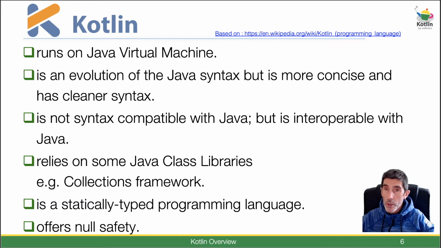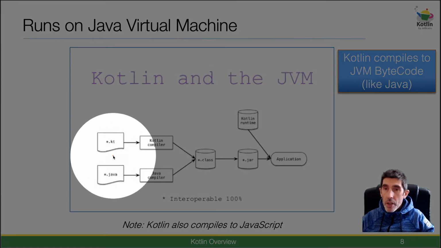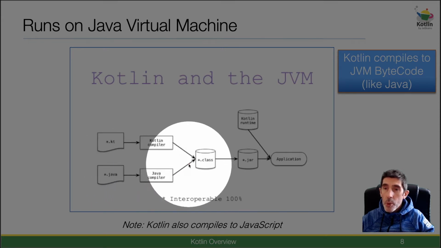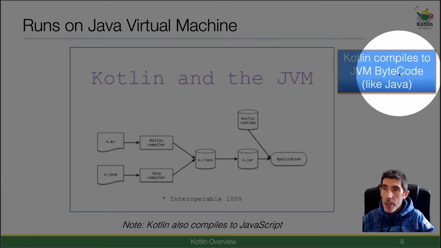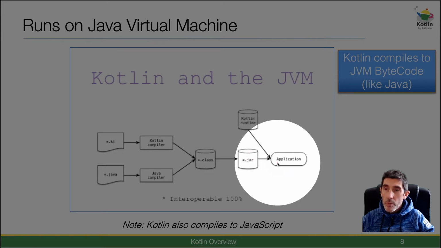So the first one we will look at is that it runs on a JVM. And again, we kind of touched on this in the on-site visit, but if you see it there, we have our Kotlin file through the Kotlin compiler, we have our Java through the Java compiler, both into .class files, so it compiles to the same bytecodes, and that's bundled up into jar files, which is bundled up into an APK, which then is pushed onto the device.